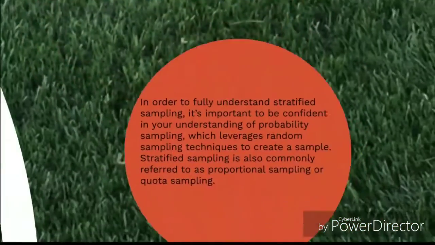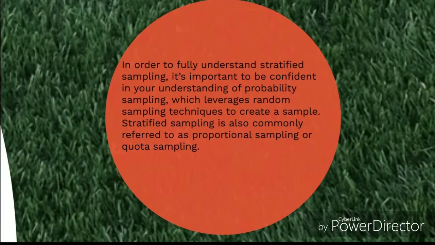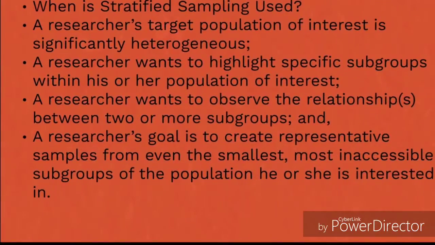When is stratified sampling used? Number 1. A researcher's target population of interest is significantly heterogeneous. Number 2. A researcher wants to highlight specific subgroups within his or her population of interest. Number 3.